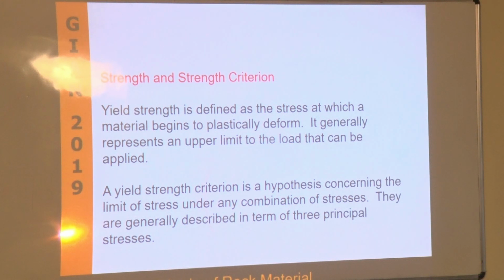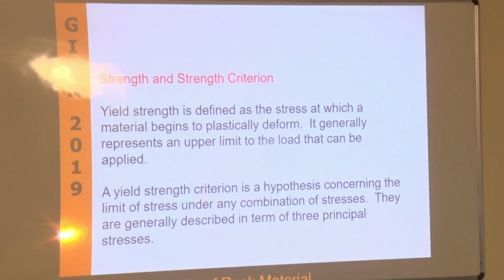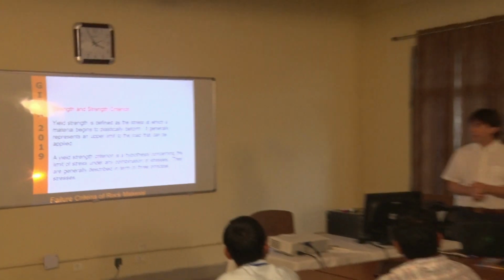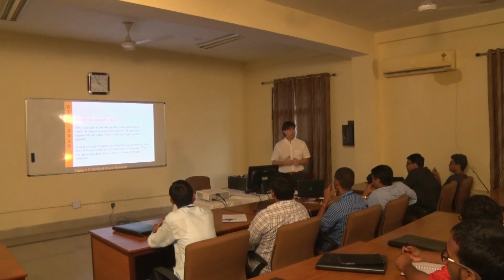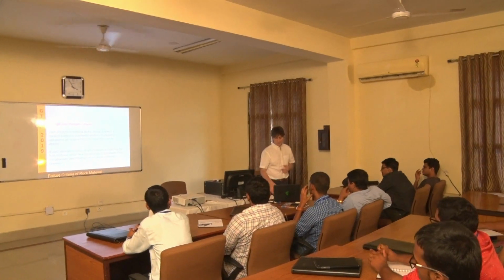So now, what we have is mathematically what we want, and I've sort of jumped ahead already. You want to correlate the stress you apply with the strength of your material. So basically there are yield strength criteria that have been proposed.